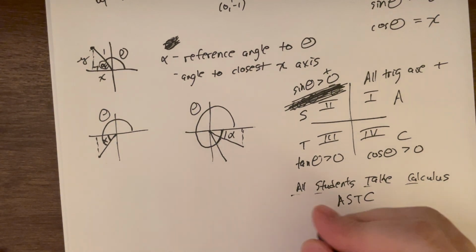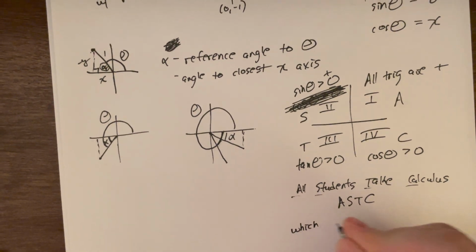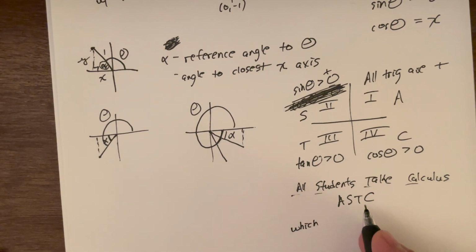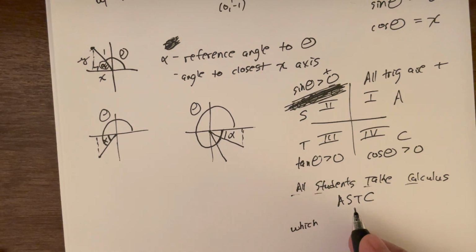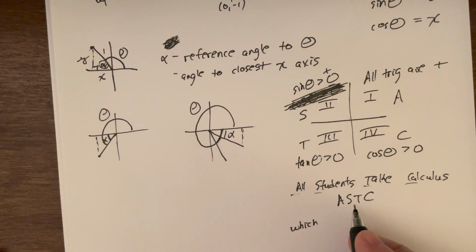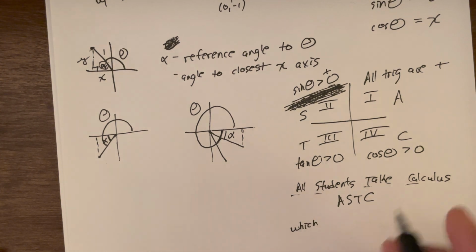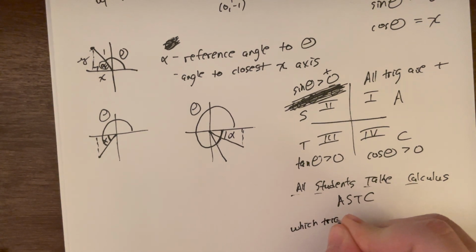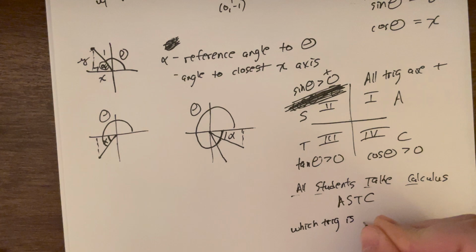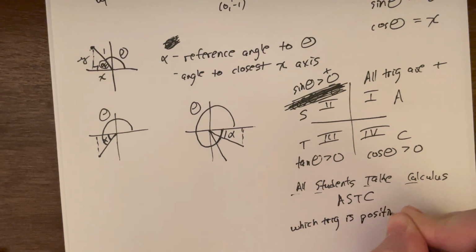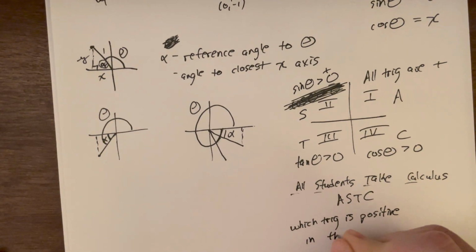This is telling you which of the 3 primary, again, this only incorporates sine, cosine, tangent. We have to always think of the 1 over aspect to consider our cosecant, secant, cotangent value. So what we're getting here is this tells me which of the primary trig functions is positive in that quadrant.